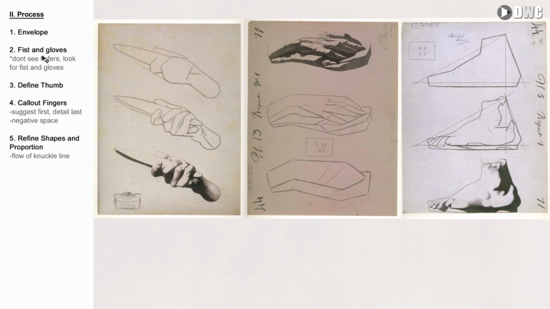Step two is what I call fists and gloves, and we'll go over these in detail. Step three is define the thumb. Step four is to call out the fingers, define the fingers, or in this case, suggest the fingers. And then finally, the last step is to refine your proportions, refine your shapes, and I'll talk about some tools that I use for that.